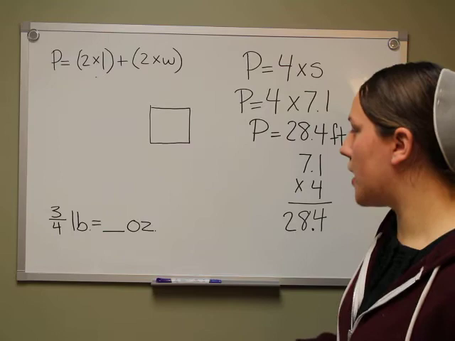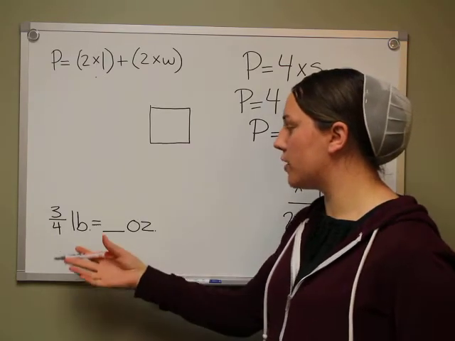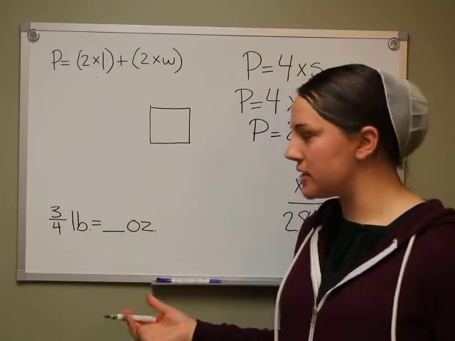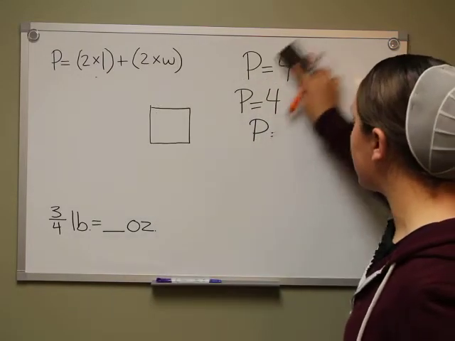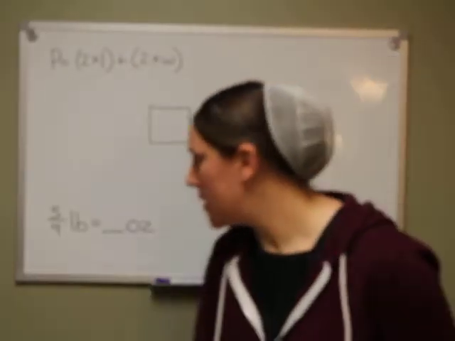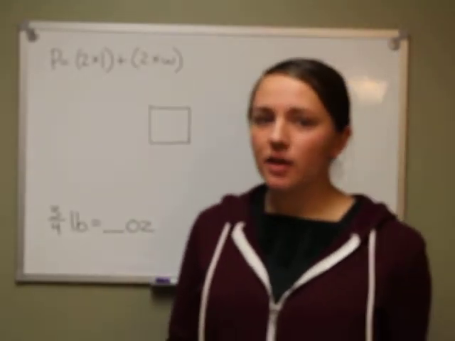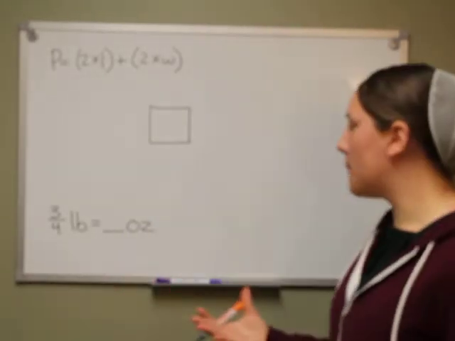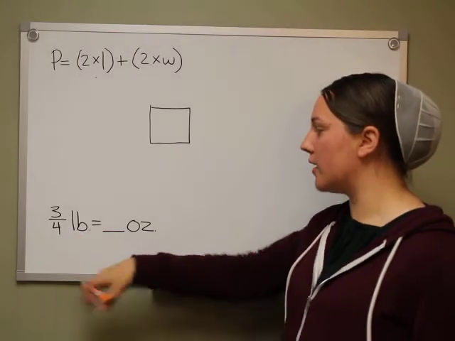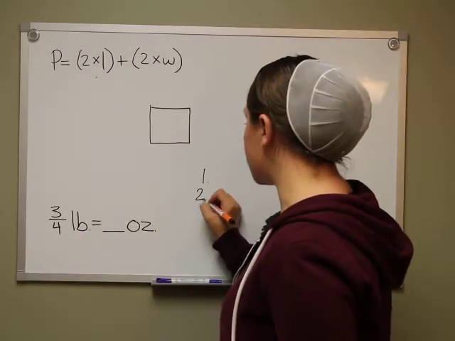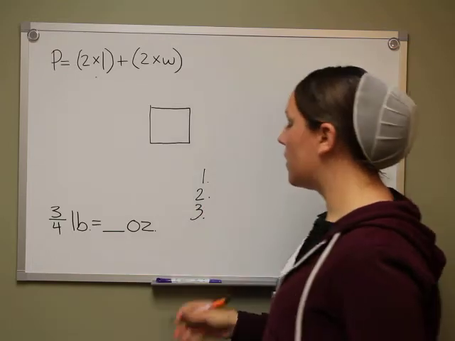Let's quickly go over a measurement equation yet. I have 3/4 pounds equals how many ounces? How are we going to figure out how many ounces that is? Now remember, to find a fraction of something, we just multiply it by the fraction. So in this case, how many ounces are in, let's just write our steps here. So we have 1, 2, and 3.